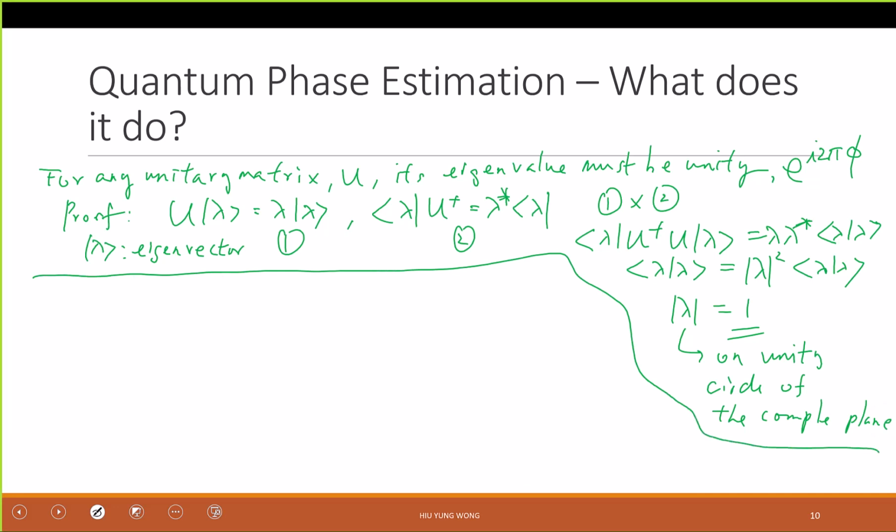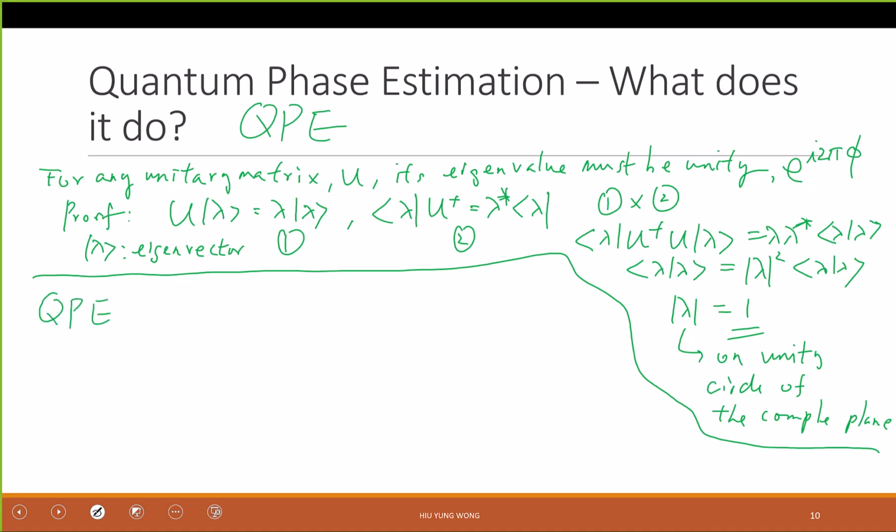Now this is important because if all the matrices are unitary, all the gates are unitary, I will be interested in understanding what phi is. If I know phi, I know the eigenvalue. Okay? So what does QPE, quantum phase estimation, do?